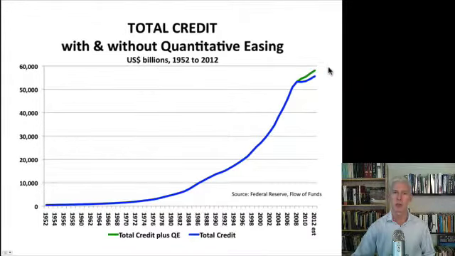But look what happens when you add in quantitative easing. The green line is total credit plus quantitative easing. When you add in the paper money that the Fed has created, there's hardly any dip at all in the total credit growth number. And for that reason, the economy's not collapsed.